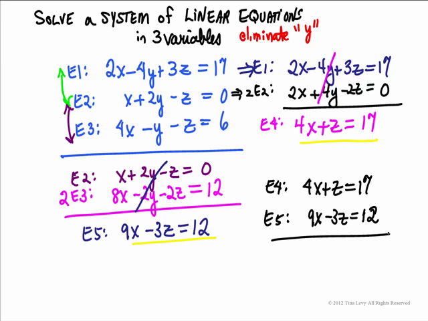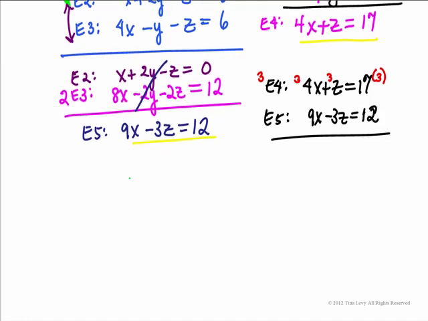I'm now ready to eliminate either the x or the z. Now I can eliminate the z easily if I multiply everything through by 3. So now doing that, I have 3 times equation 4 is 12x plus 3z, 3 times 17 is 51.